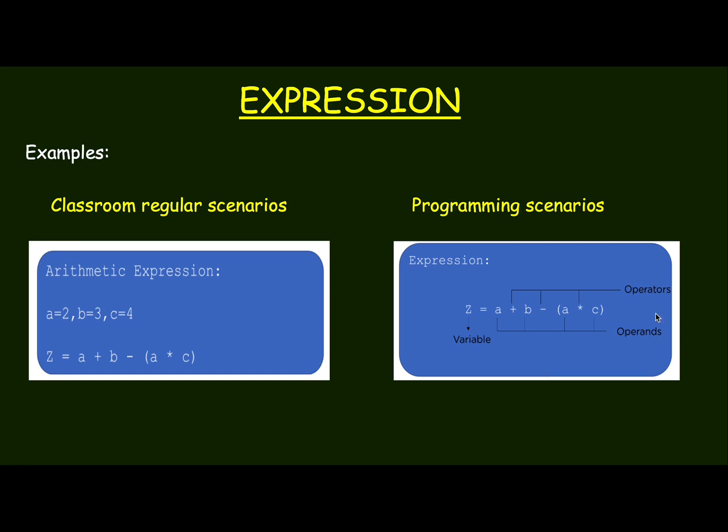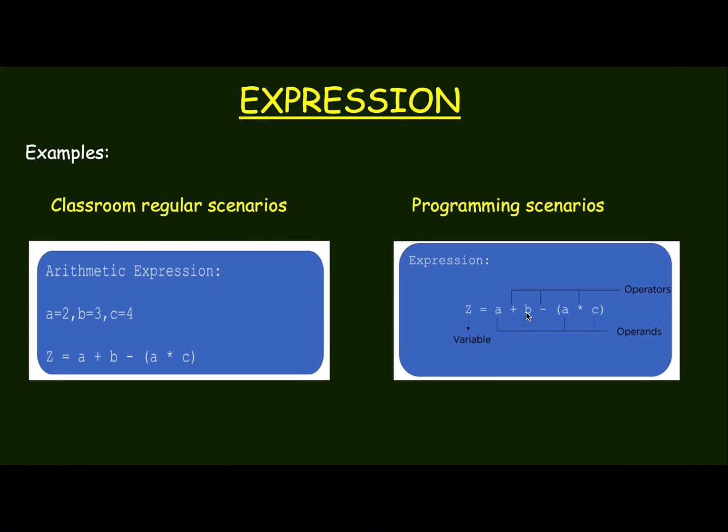In a programming expression, we have terms that we call all those things. So what we are looking for becomes our variable, because in our definition we say that for every expression we have to determine its value. So we are going to determine the value for z through these expressions. In these expressions here we have what we call the operands.